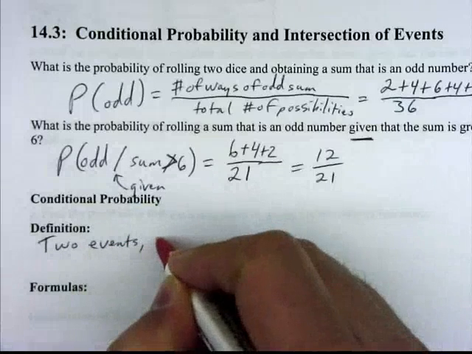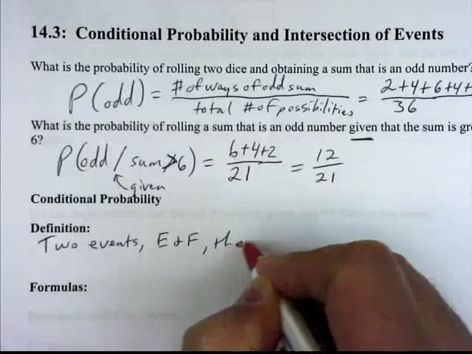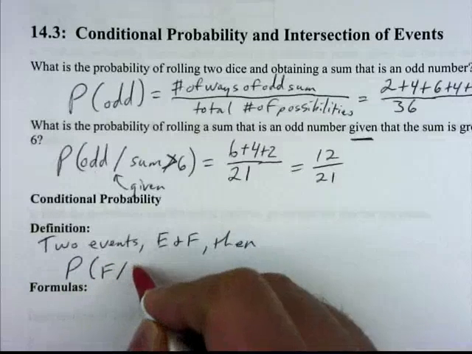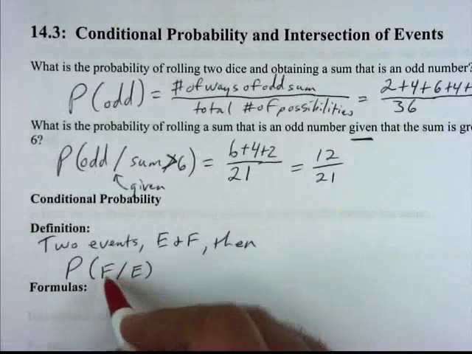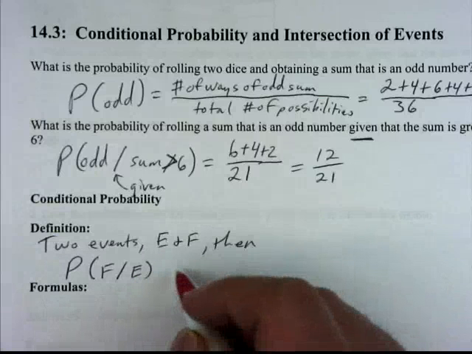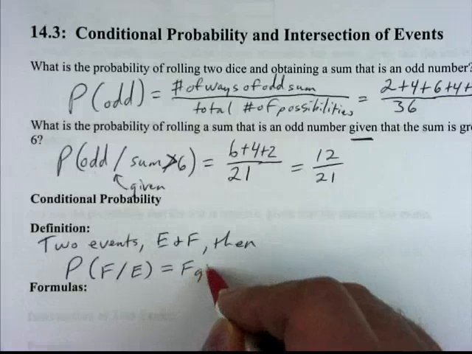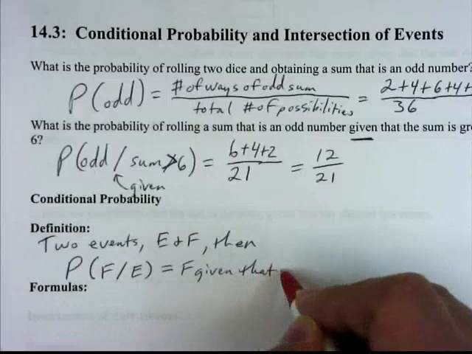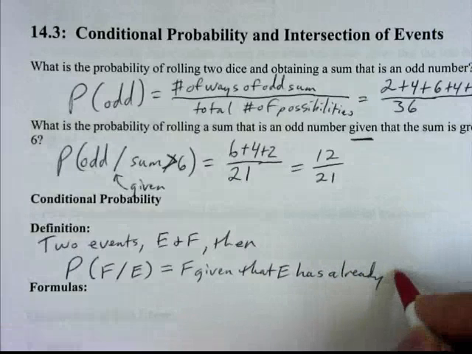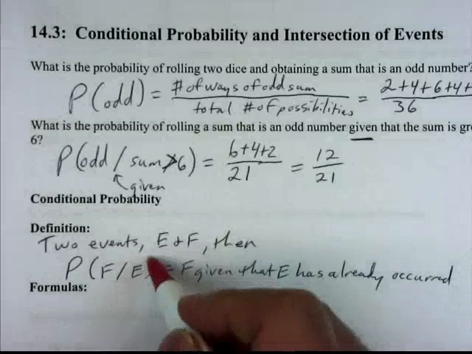Anytime we've got 2 events, and I'll call them E and F, then the probability of F given E, okay, so the probability of some event F happening, given that E has already happened, let's write that out, F given that E has already occurred. So that's what conditional probability means.